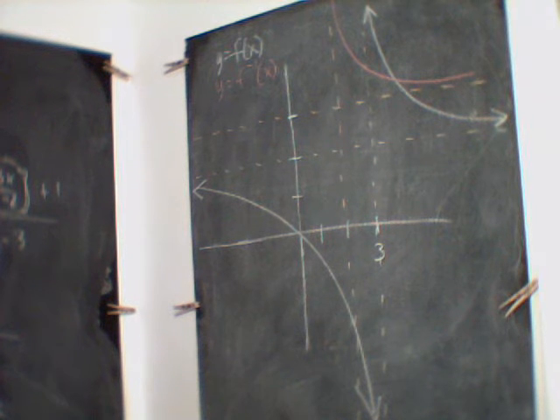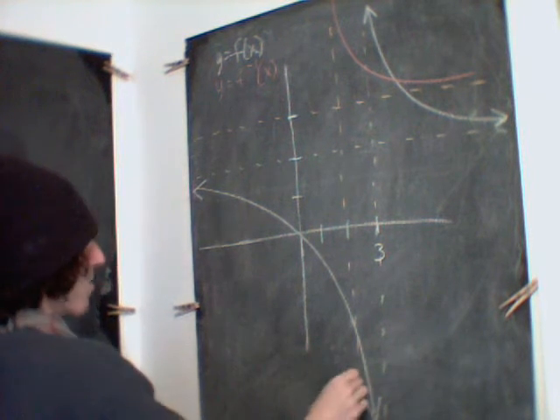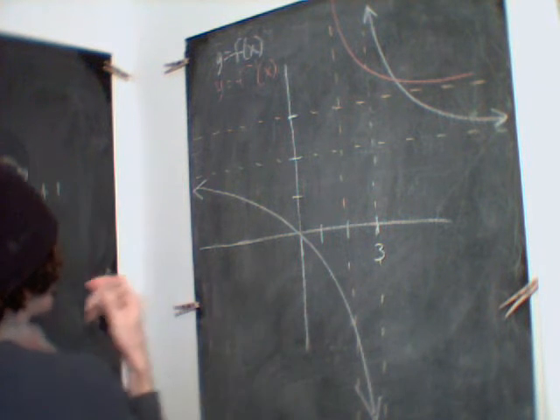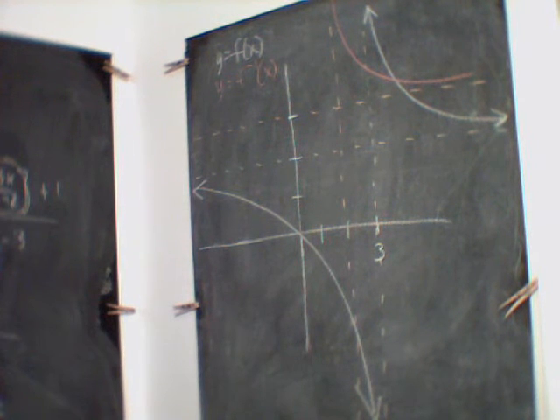And then to the immediate left of 2, it's going to be some very small negative, big negative quantity. So it's going to go up, and it's going to approach the point 3 from below.